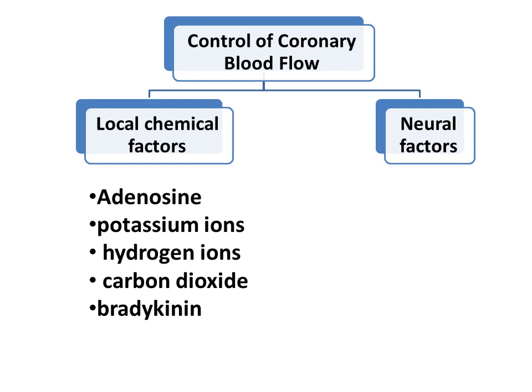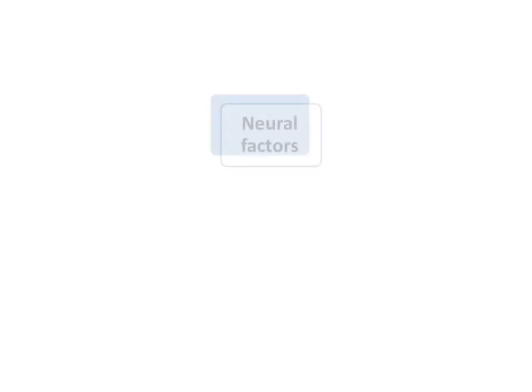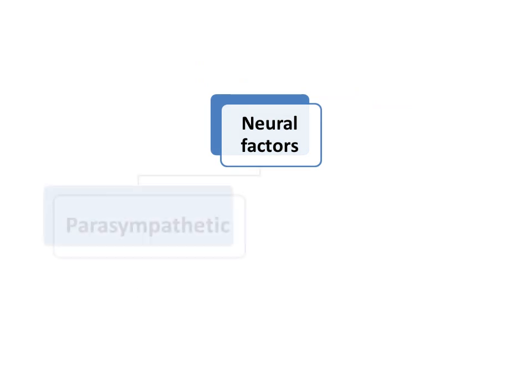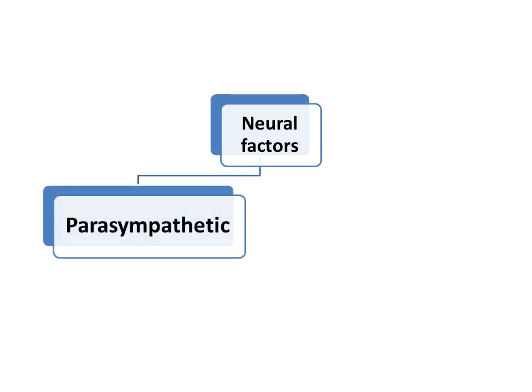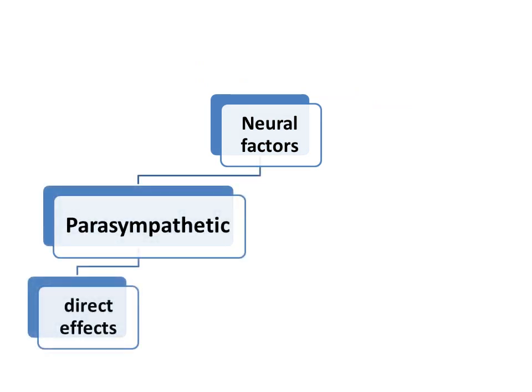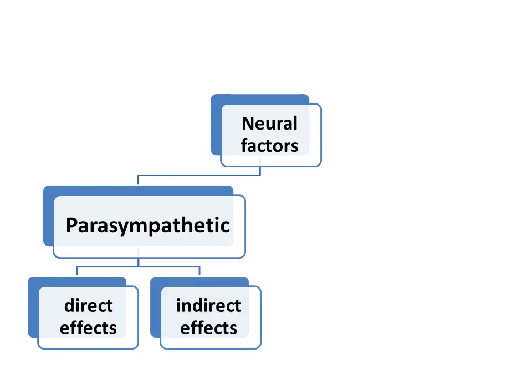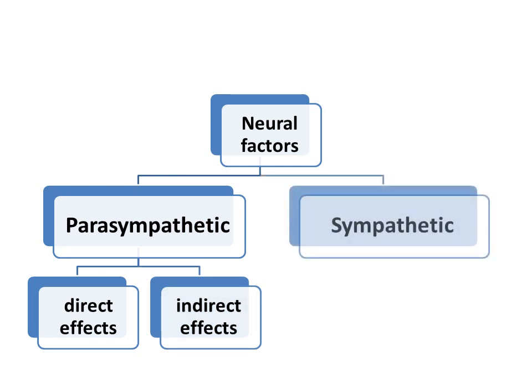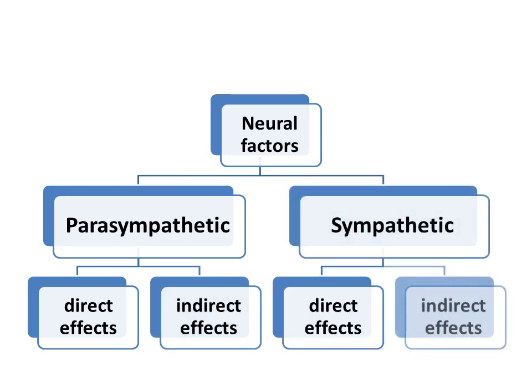The other factor is the neural factor, which includes the sympathetic nervous system and parasympathetic nervous system. The parasympathetic has direct and indirect effects. The sympathetic also has direct and indirect effects.